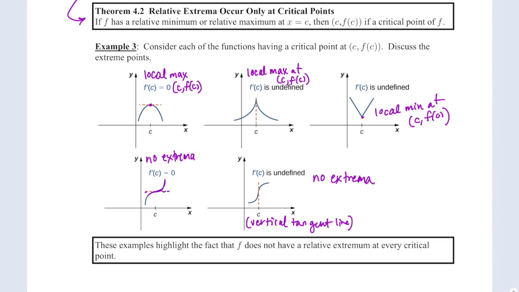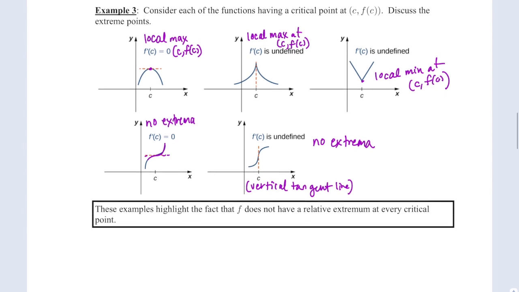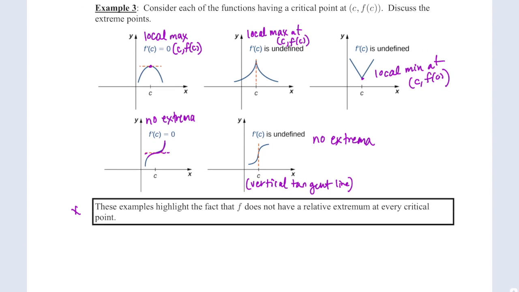So if there is going to be a local max or min, the derivative has to be 0 or undefined, but just because the derivative is 0 or undefined does not mean there will be an extreme point, right? And that's what's highlighted here in this box. It says these examples highlight the fact that f does not have a relative extreme point at every critical point.